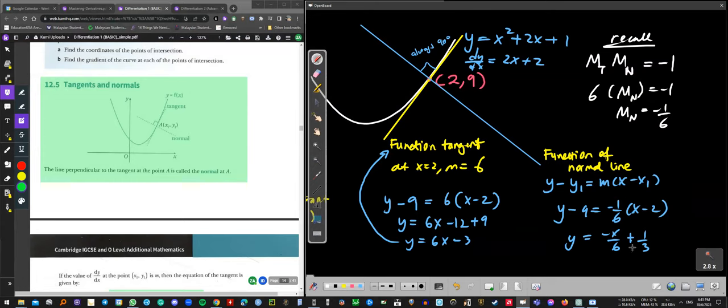Okay, sebab saya dah simplify kan. Lepas tu kita ada plus 9. So kita ada y equals to negative x over 6 plus 9 1/3 lah. Itulah dia. That's a function of the normal line. Simple? Dua benda ni je most of the time kena faham. Then you are good to go. Can I move on?